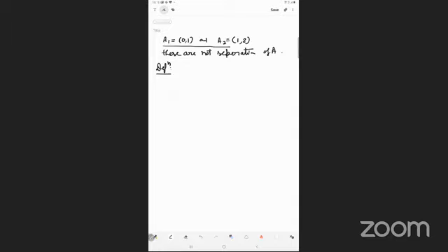So we can say that let X be a metric space and A is a subset of X, then A is said to be connected if A has no separation.